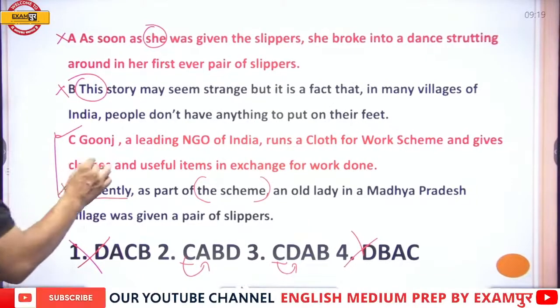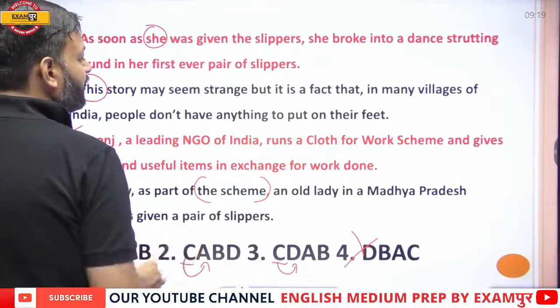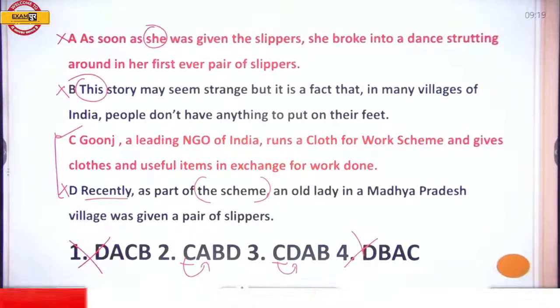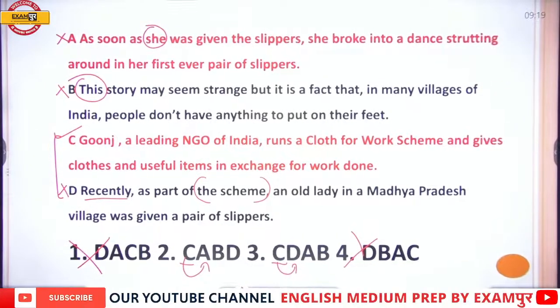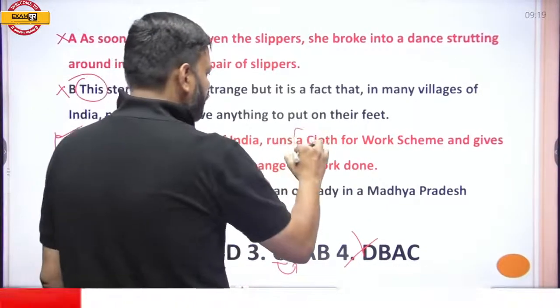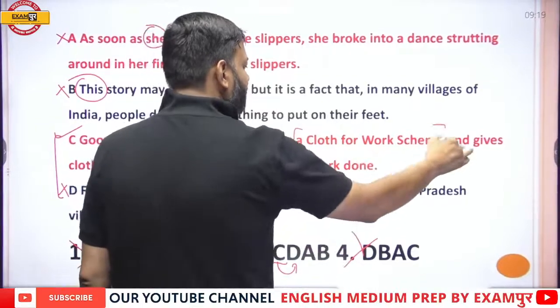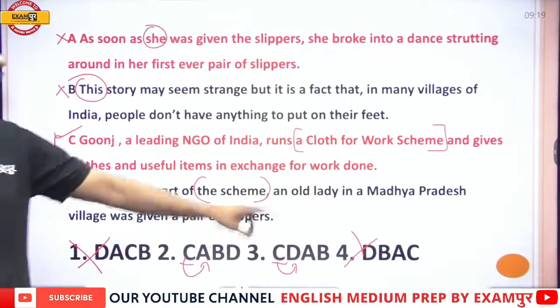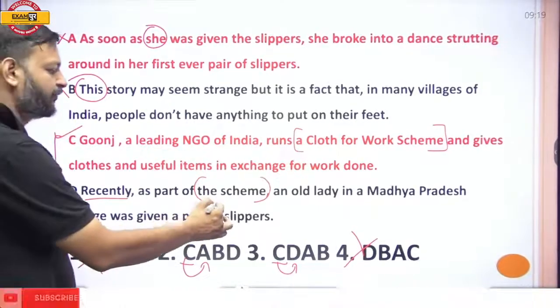C is: "Goonj, a leading NGO of India, runs a cloth for work scheme and gives clothes and useful items in exchange for work done." Now here we have a cloth for work scheme. And for this scheme, we have the term "the scheme".